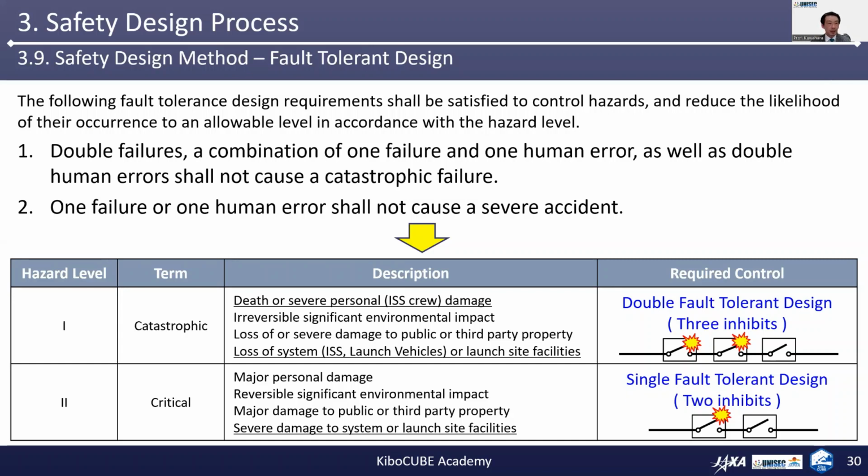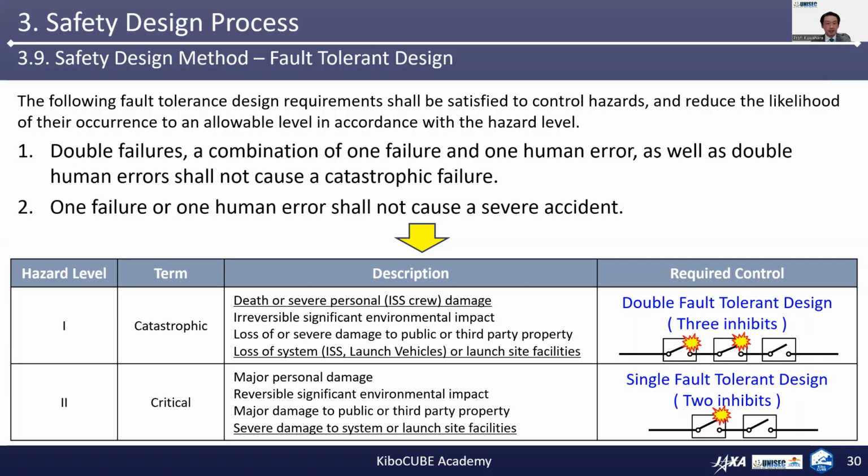So rule number 1 is that a double failure or a combination of one failure and one human error and double human errors shall not cause a catastrophic failure. This is rule number 1. And rule number 2 is that one failure or one human error shall not cause a severe accident.